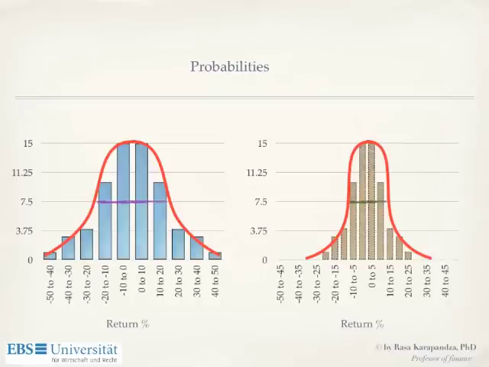Therefore, this is a good indication that a good measure of risk could be the standard deviation of a distribution. And if we observe stocks, we can see that all stocks are somehow normally distributed. The normal distribution is a very good approximation of the returns of stocks. What do I mean by that? I mean that the normal distribution describes well what kind of returns you will get with what probability for a stock.